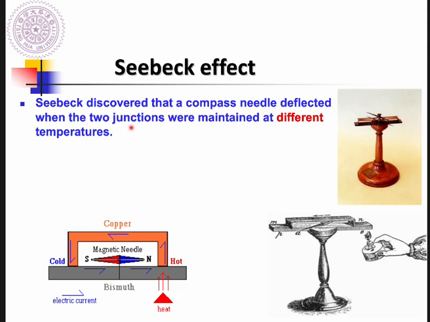He found that as long as this happens, the compass needle is deflected. So all this description shows that we induce a temperature difference, but we visualize the deflection of this magnetic needle, which means that there is probably a magnetic effect, right?